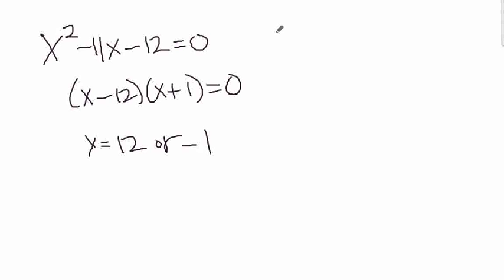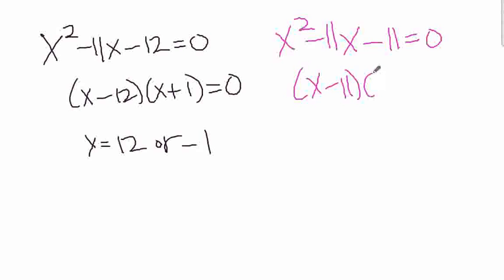So for example, let me make a slight change to this one. x squared minus 11x minus 11 equals 0. Okay, so try to factor that. Maybe you think x minus 11 times x plus 1. Maybe x plus 11 times x minus 1.